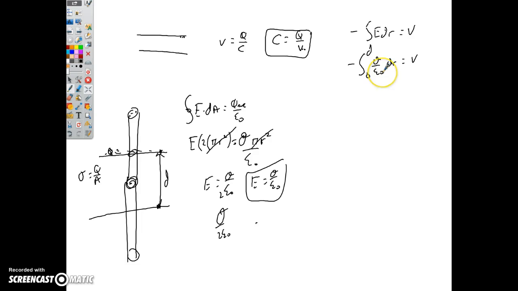So I can pull out sigma over E naught, and I get the integral from 0 to D of dr equals V.